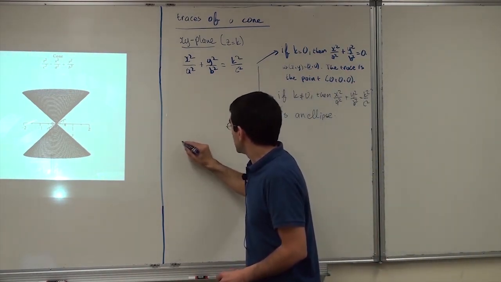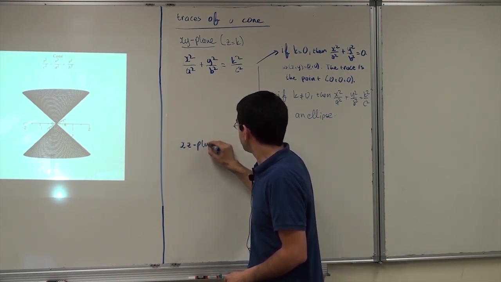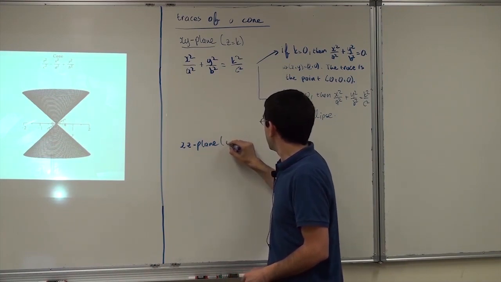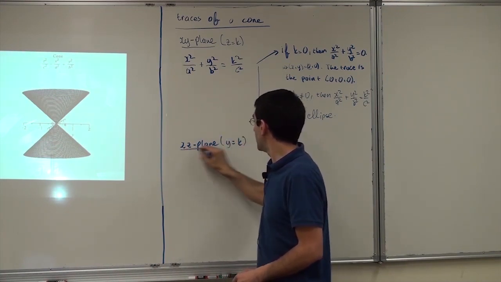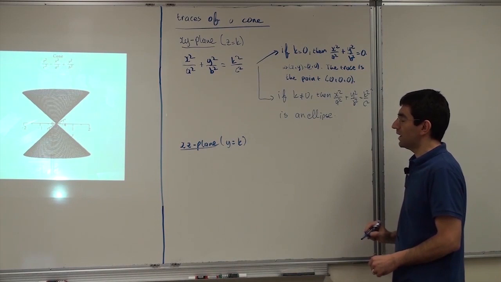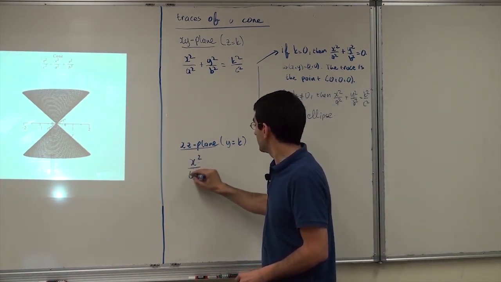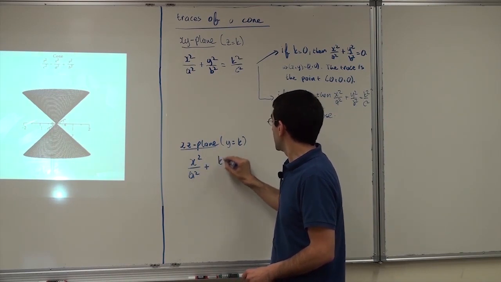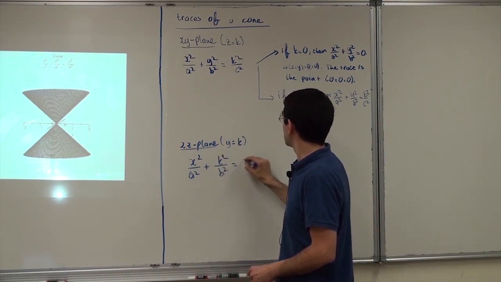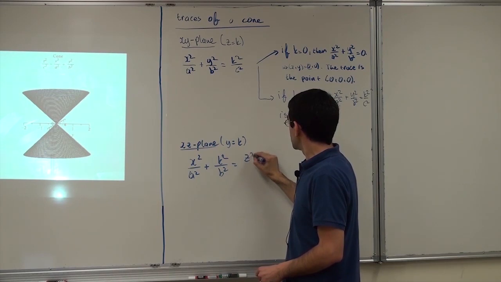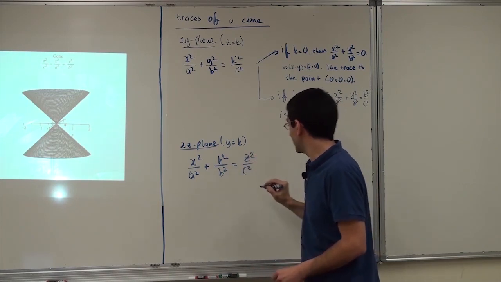So, now let's check the other traces along the xz plane, meaning that I'm going to intersect the cone by the plane y equals k. We will have x squared over a squared plus k squared over b squared is equal to z squared over c squared.